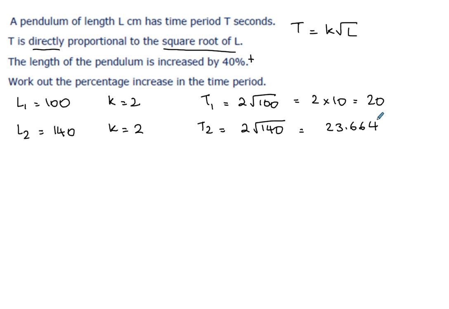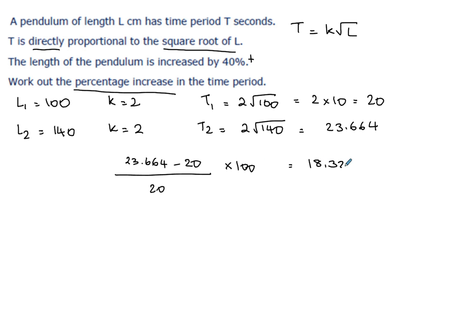which would give you 23.664. Okay, now we need to find the percentage increase. So you know the percentage increase is the increase divided by the original times 100. So we've got 23.664 minus the 20, divided by the original, which is the 20, times 100, and you get 18.32%.